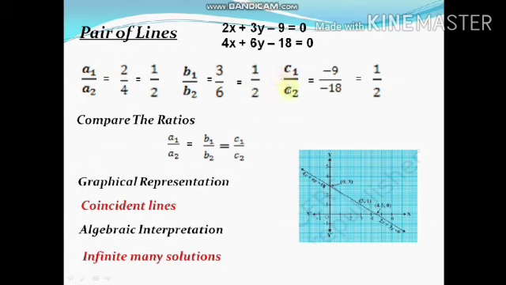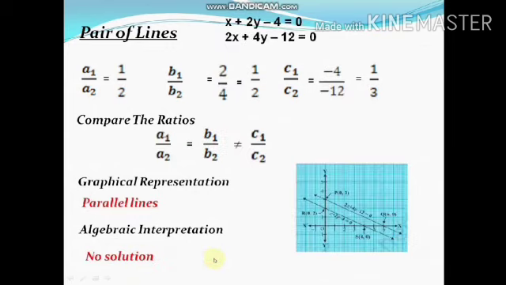And the ratio of c1 upon c2 is equal to minus 9 by minus 18, which is again equal to 1 upon 2. We can easily see, student, here a1 upon a2 is equal to b1 upon b2 equals c1 upon c2. All the ratios are equal. It means in this case we will get coincident lines, and the given system has infinitely many solutions.